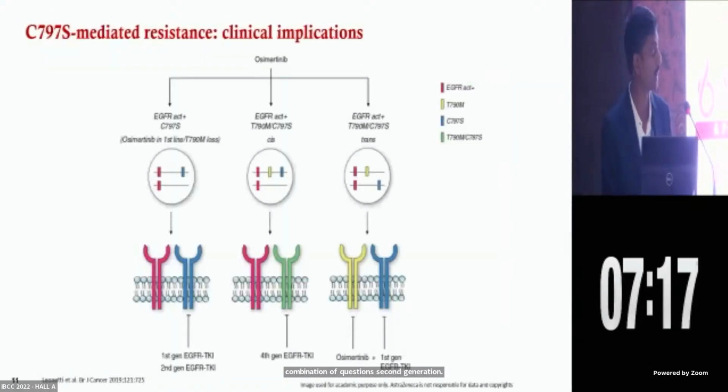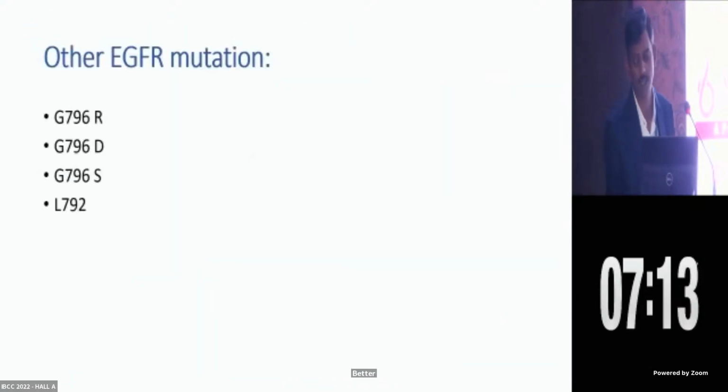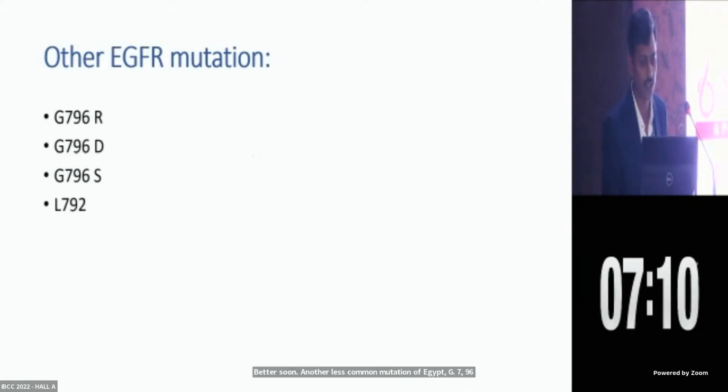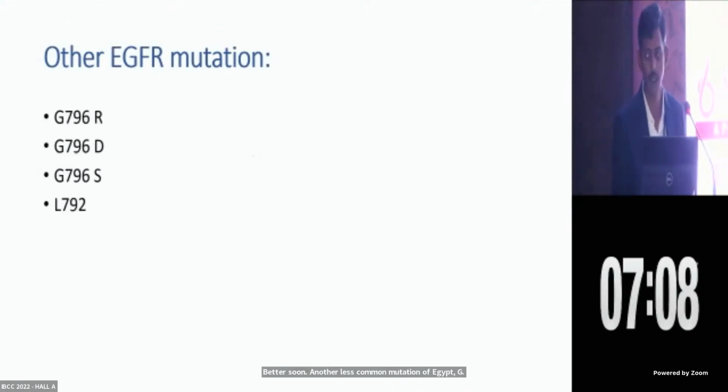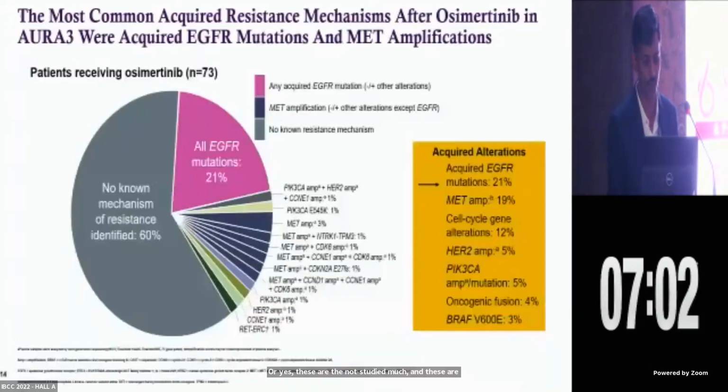So this is the same diagram shown. Another less common mutation of EGFR is G796R, G796D, or others. These are not studied much, and have a milder effect compared to the previous mutation.